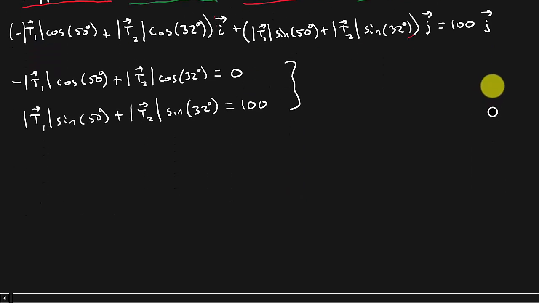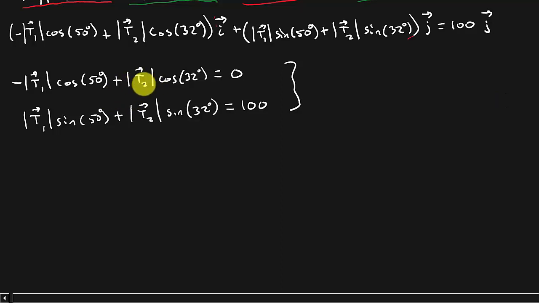Okay, so what I'm going to do here is solve this one for T2. So if I solve this first equation for T2, I'm just going to move this to the other side. So that's going to be T2 cosine 32 is equal to T1 cosine 50.